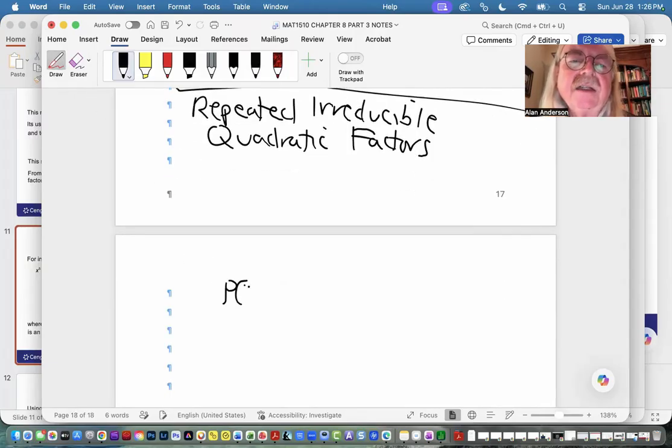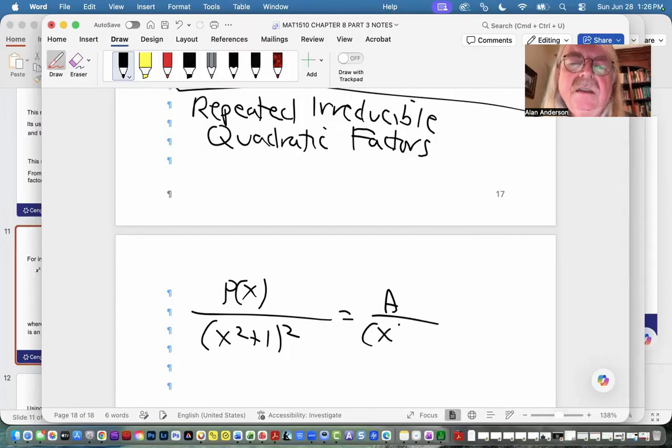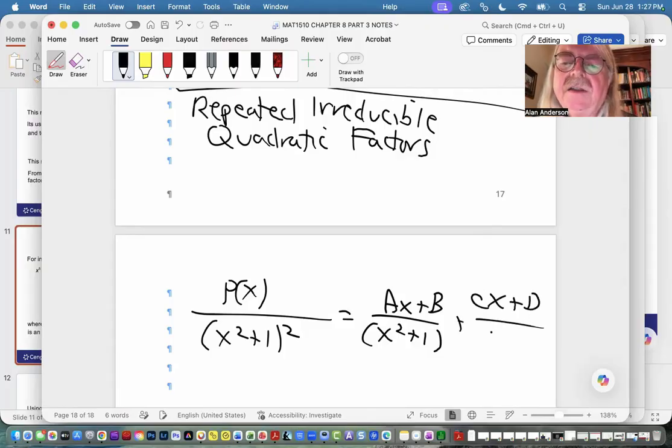Again, p over x is some polynomial. You'll have a over x squared plus 1. I'm sorry, ax plus b. And then over here, you'll have cx plus d. In the denominator, it's x squared plus 1 squared.